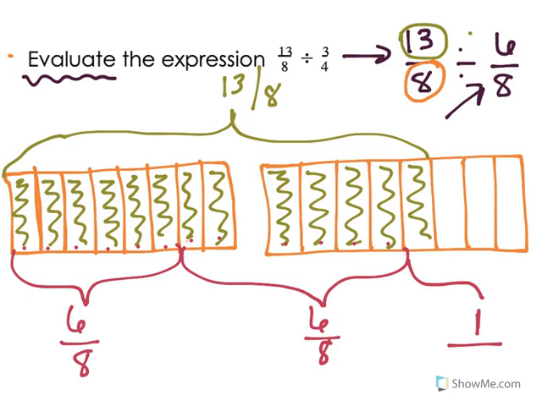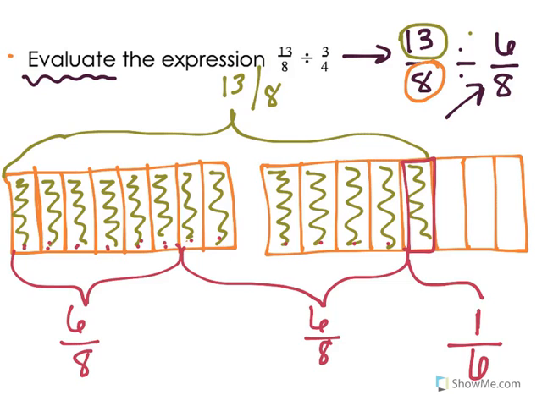Many of us have been leaning towards saying that it would be 1/8. However, this is incorrect because it's not 8 boxes that make a group, it is 1, 2, 3, 4, 5, 6 that make a group. So we have one remaining box out of the 6 boxes that would be needed to make another group.